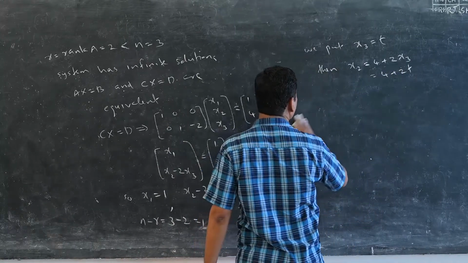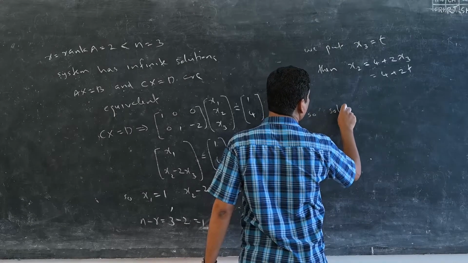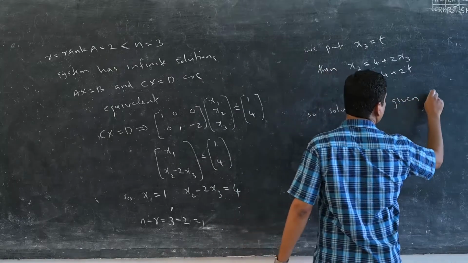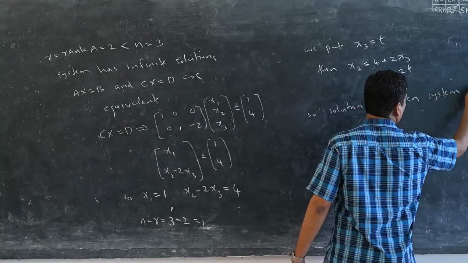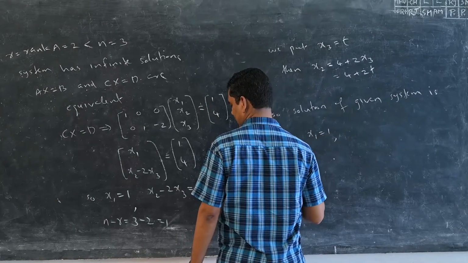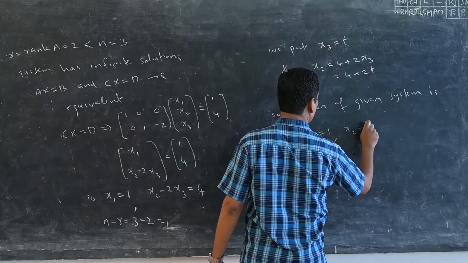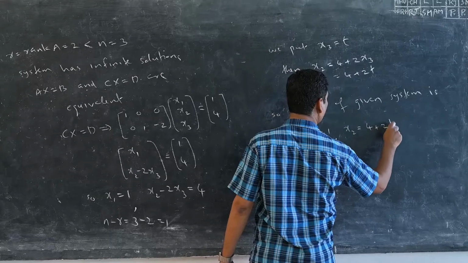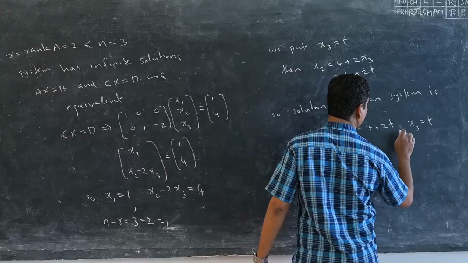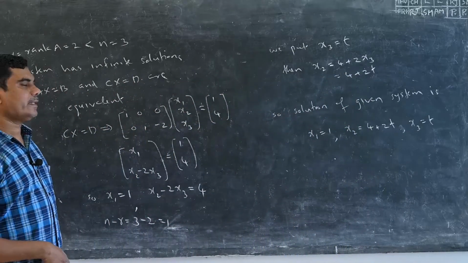So the solution of the given system is x1 is equal to 1, x2 is equal to 4 plus 2t, x3 is equal to t. t is arbitrary, t is any real number.